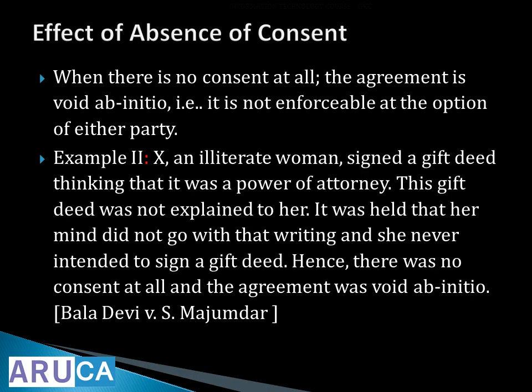Gift deed means donating the property, right? Donating something. Power of attorney is giving only temporary power. So that's the difference. They tricked her into thinking it was a power of attorney. So there is no consent of the mind.